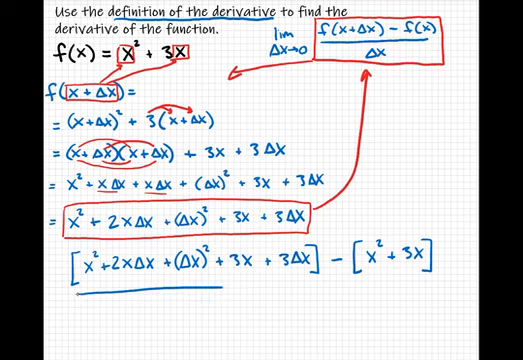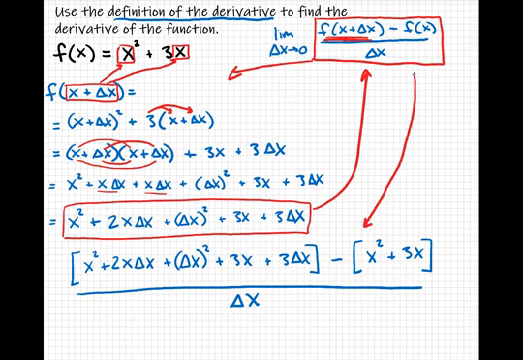And all of that is divided by delta x. So what we basically did is we first figured out the f of x plus delta x, plugged that back into the difference quotient, and now we're down here. We have some canceling to do. We have an x squared and a minus x squared, and a 3x and a minus 3x.